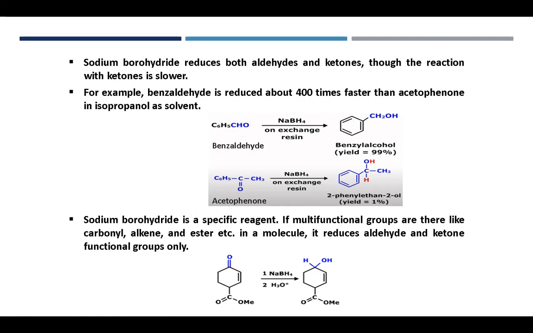For example, look at the second reaction. In this molecule, which has ketone, alkene, and ester groups, only the ketone group is reduced to the corresponding alcohol group. The carbon-carbon double bond, as well as the ester functional group, are unaffected.